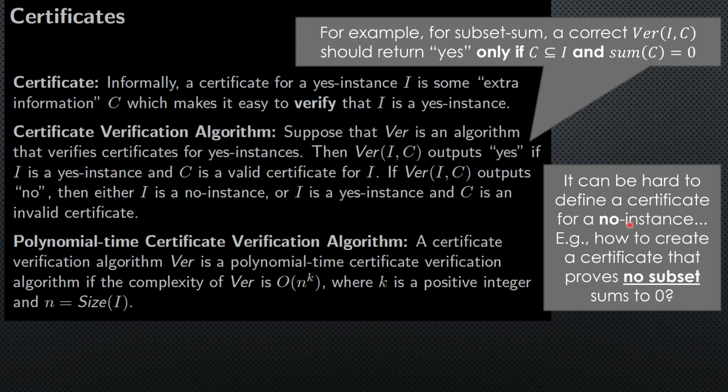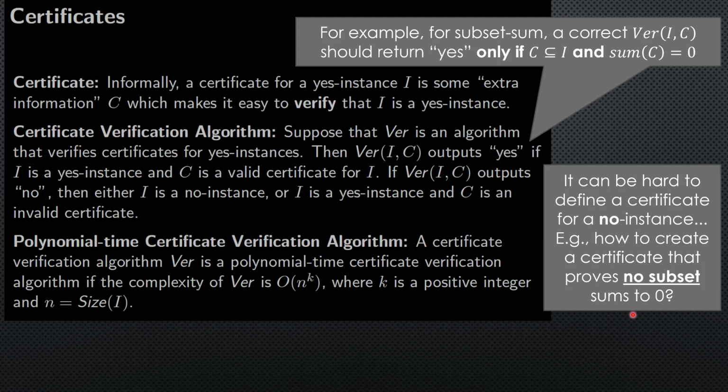But it's often very hard to define what it would look like for a certificate to prove the answer is no. Like, how would I create a certificate that proves no subset of this array sums to 0? I mean, I could give you a huge certificate that shows all the subsets of the array and claims that none of them sum to 0.